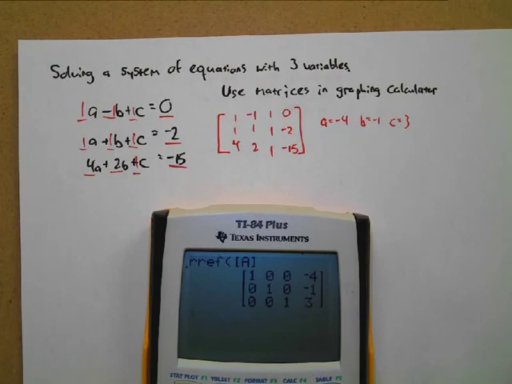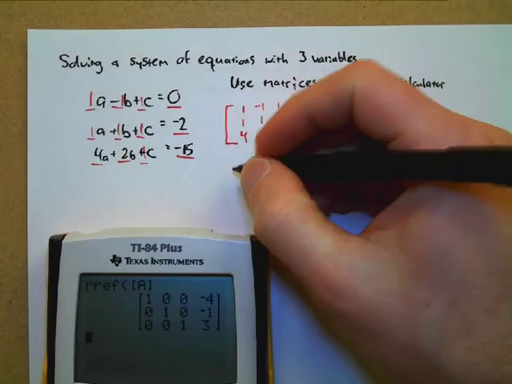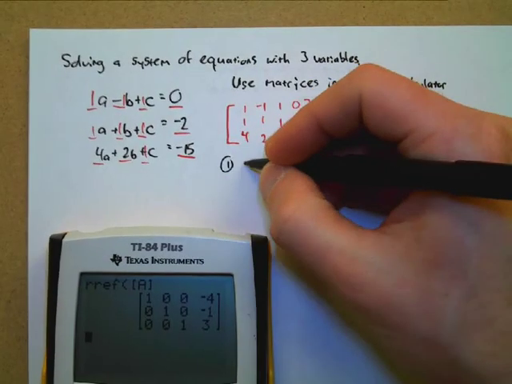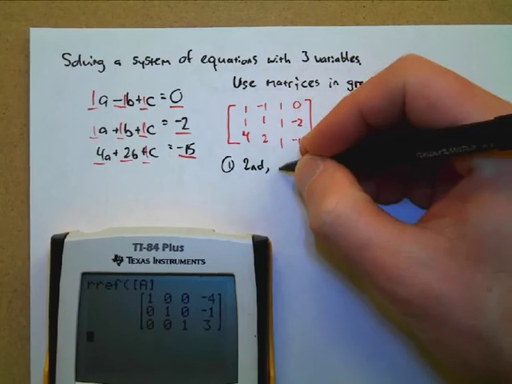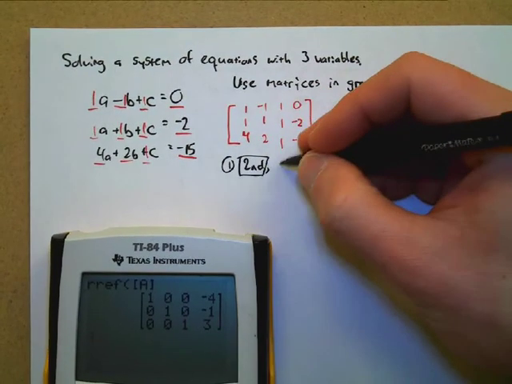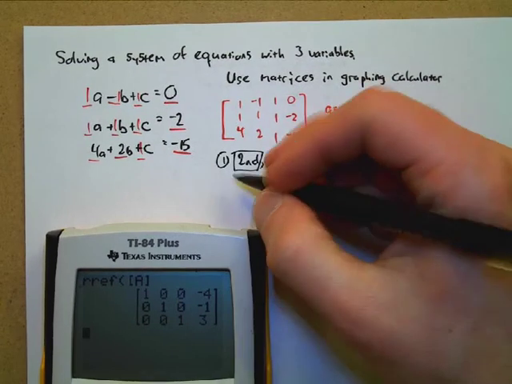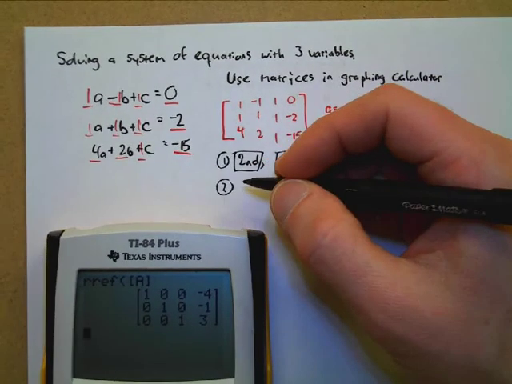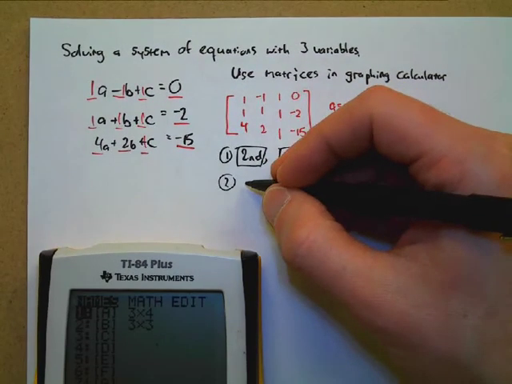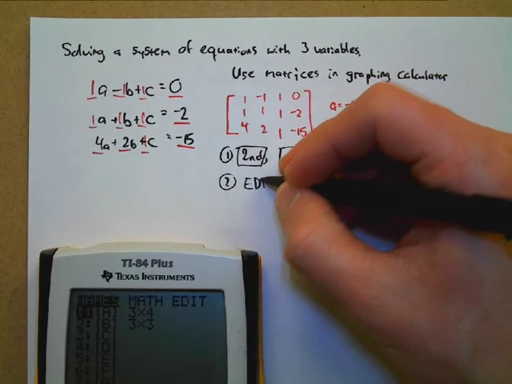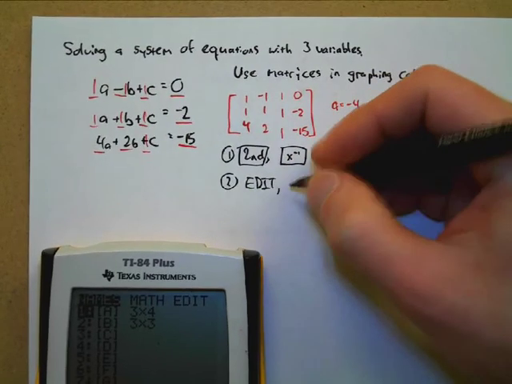So again, I'll write out some of these commands here. So it's second button, and then the X inverse button. And then edit. Okay, and make sure it's 3 by 4.